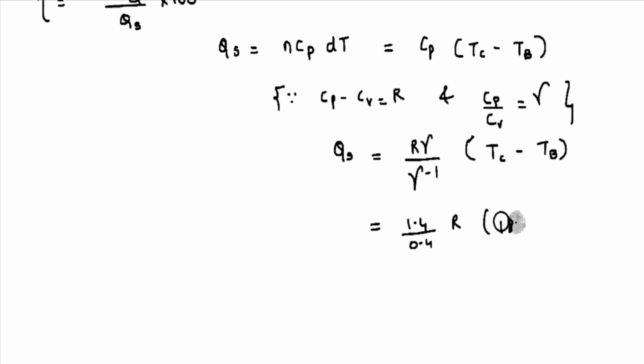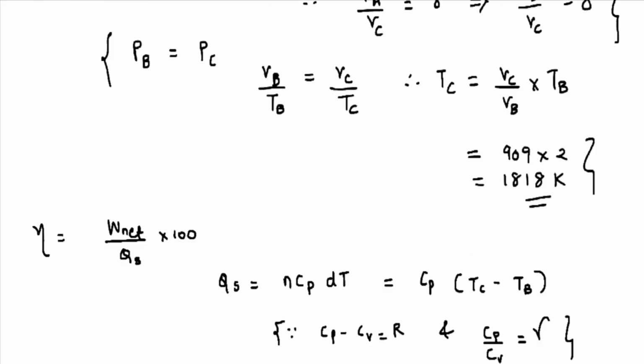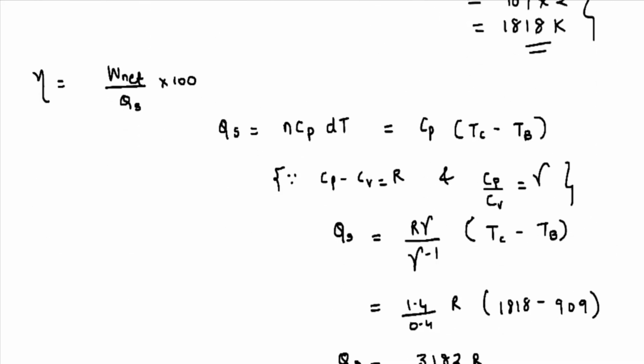So 1818 minus 909, and that comes out to be approximately 3182 R. So this is the value of heat supplied we have calculated. Now we have to calculate the work done.